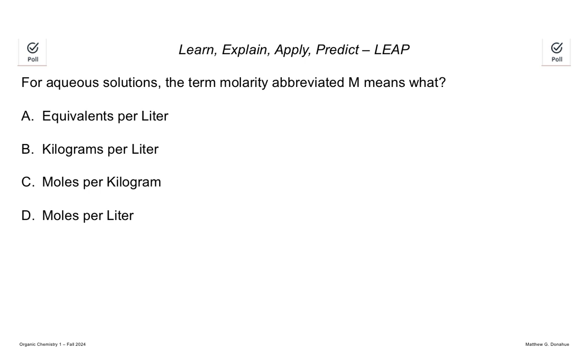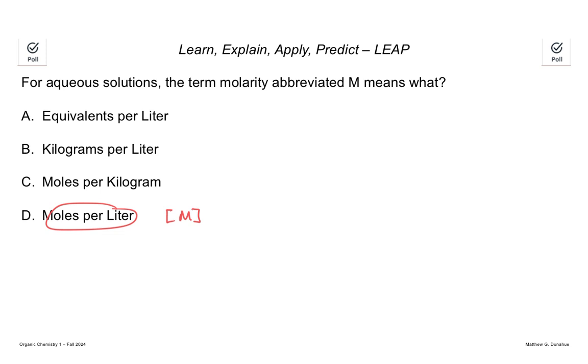So what is the term molarity, M? What units does that have? So moles per liter. And again, that's what the square bracket means. So if you see something in the square bracket, the unit is molarity, moles per liter.